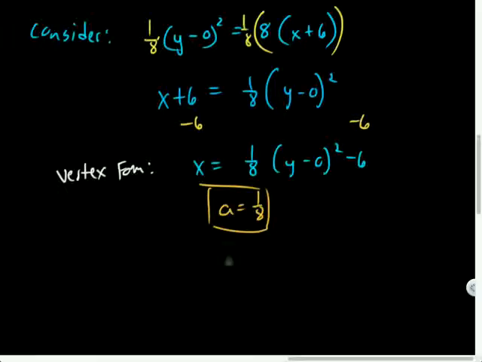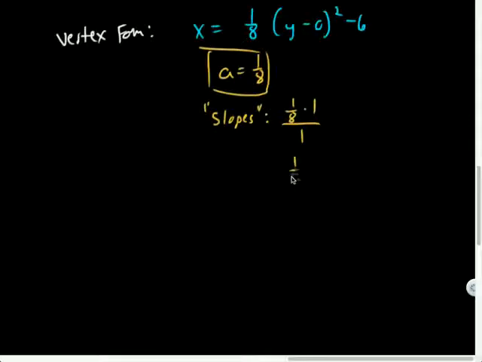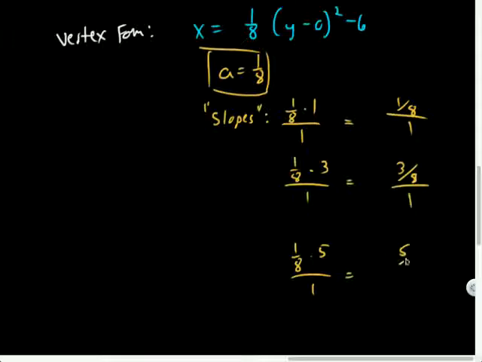So my slopes, and what's really weird is you're not allowed to reduce these, would have been 1/8 times 1 over 1. I'll do these vertically this time. 1/8 times 3 over 1 and 1/8 times 5 over 1, which simplify to 1/8 over 1, 3/8 over 1, and 5/8 over 1.